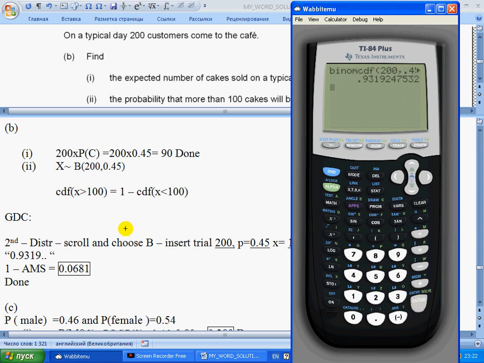But we need 1 minus this value, so we put 1 minus second answer. And we get the answer 0.0681 to 3 significant figures, and we have it here. Done.